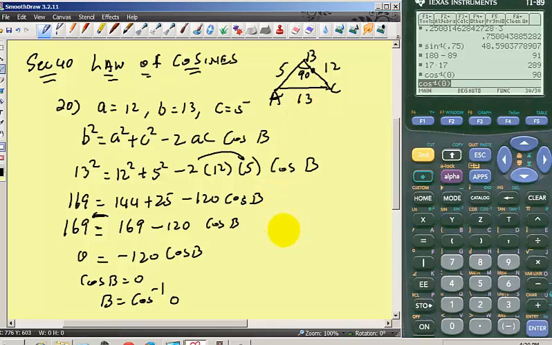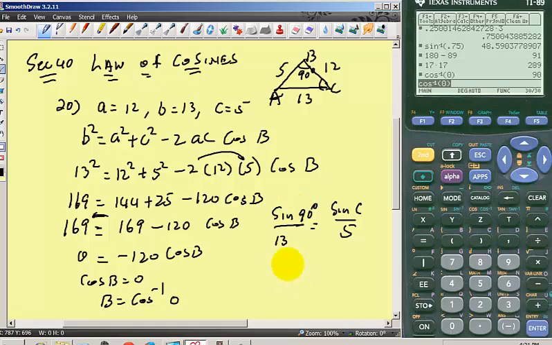As soon as I get that, I can use my sine, and I don't have to worry about which side to find first. Sine of 90 degrees over 13 equals, we can find either c or a, so let's find c. Sine of angle c over 5.